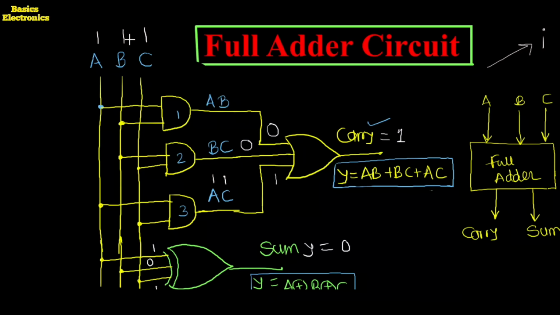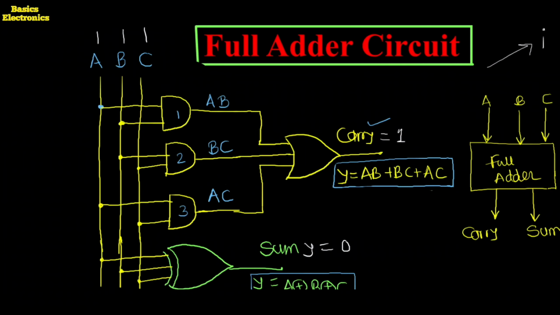The inputs for the first AND gate are A and B, A equals 1 and B equals 1. The inputs for the second AND gate are B and C. Here B equals 1 as well as C equals 1, so its output is 1.